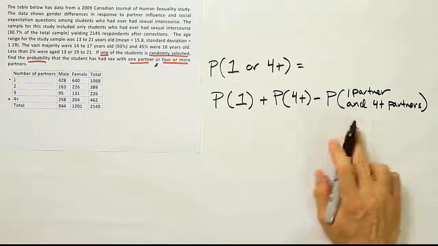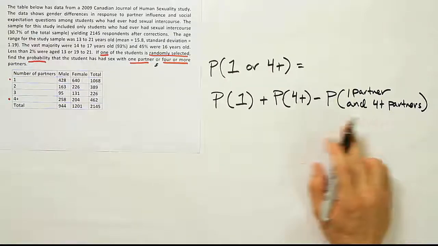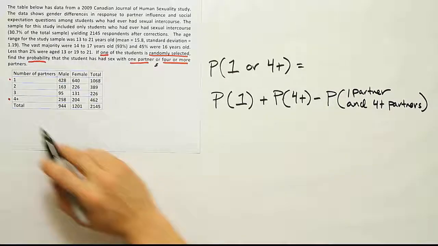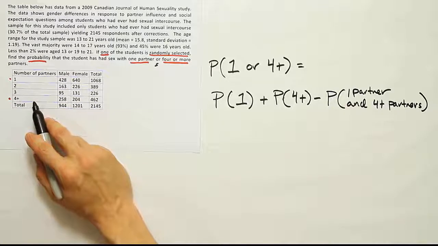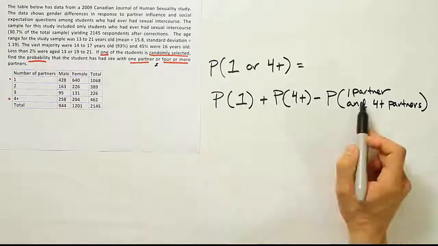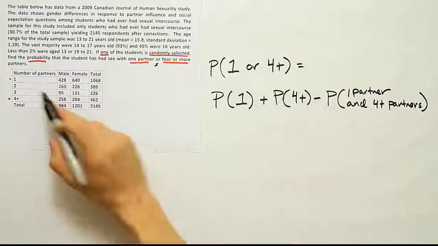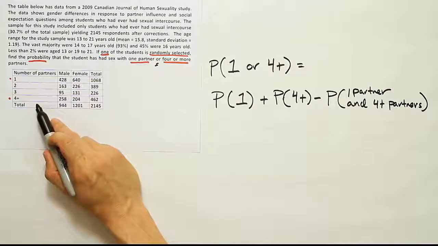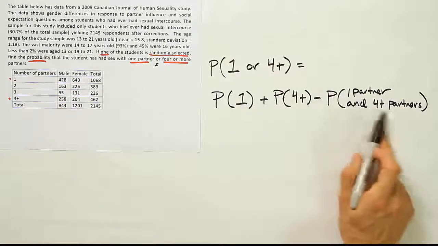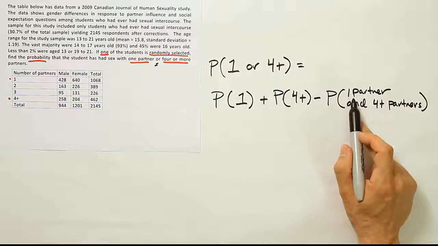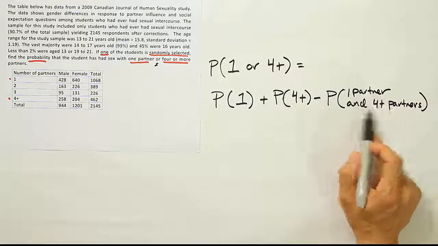Okay, now we can see that this actually doesn't make sense. There's no way you could be in the category of number of partners 1 and number of partners 4 plus, because either the person has had just one sexual partner or they've had 4 or more sexual partners in their past. So there's no way that it could be one subject being into both of these categories.